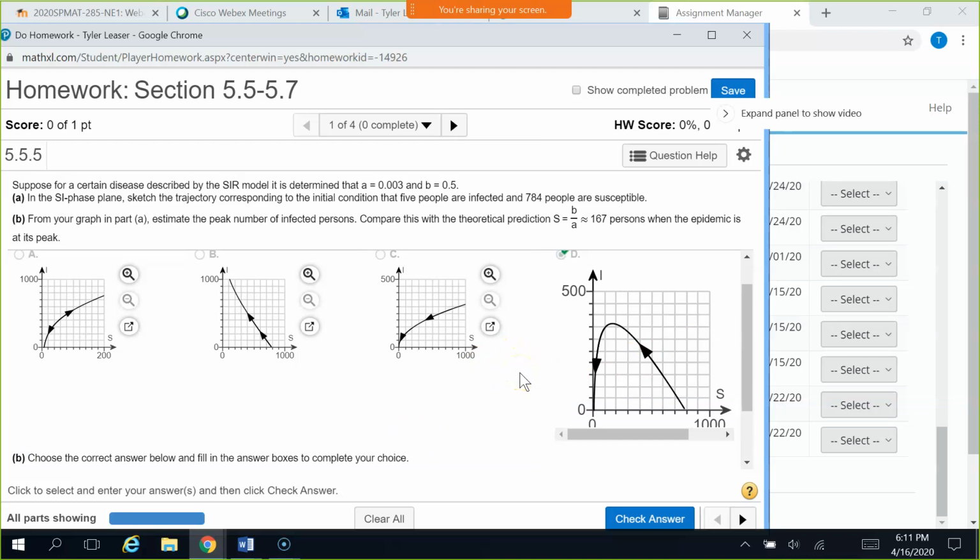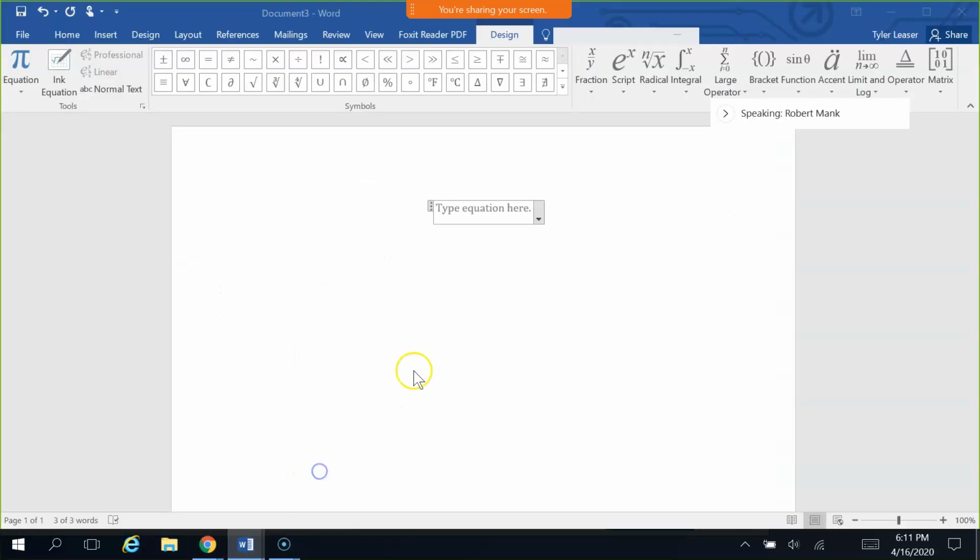So let me find the equations for the SIR stuff. I have them in my notes here. All right, the 3 equations that we care about: capital S prime is negative SAI.